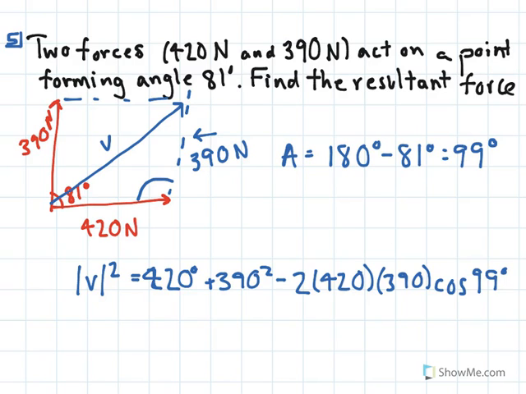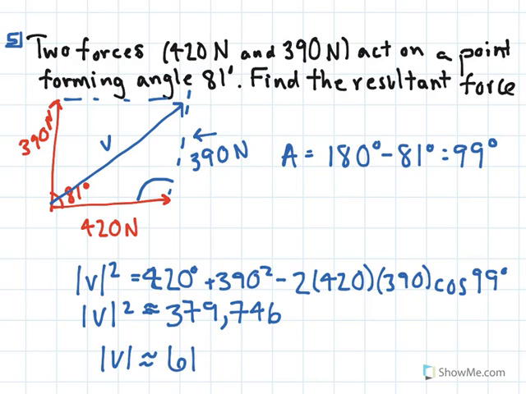So we know that V squared is equal to approximately 379,746, and we'll take the square root of that, and our resultant force V is going to be equal to 616 newtons.